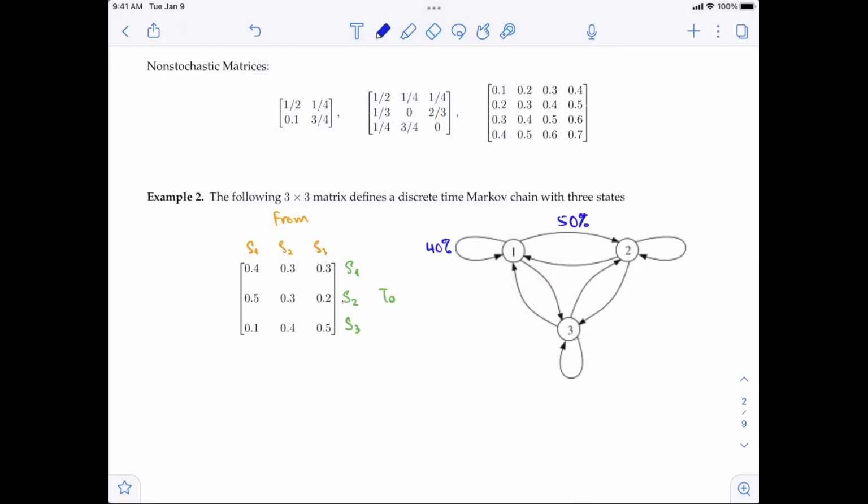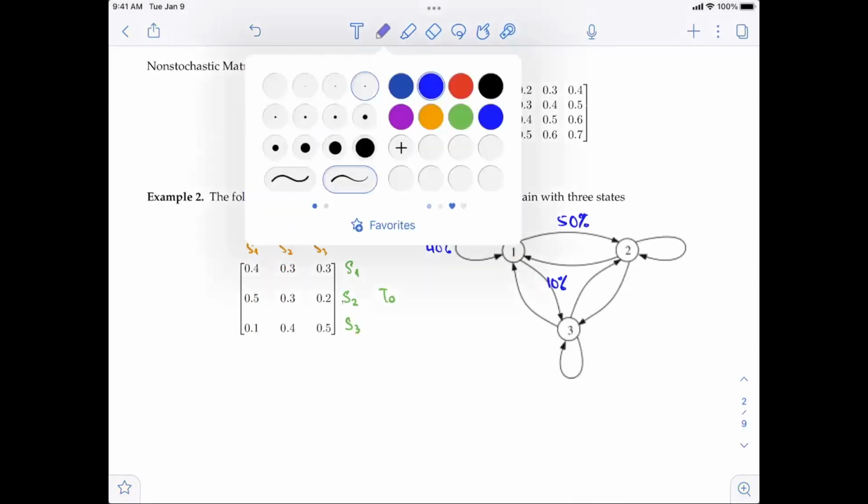The member starting in state 1 may switch to state 3, and there is a 10% chance that could happen. So this is 10%. Now you're done with state 1, you move to state 2. The member starting in state 2 can switch to state 1, and there is a 30% chance that could happen.